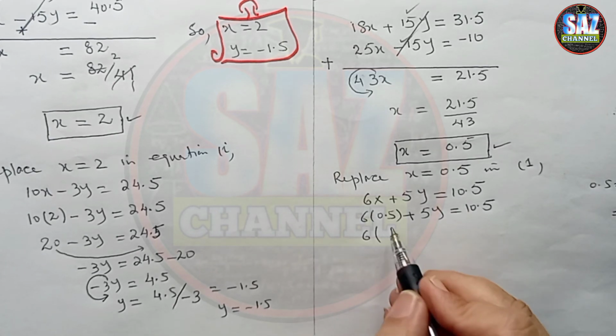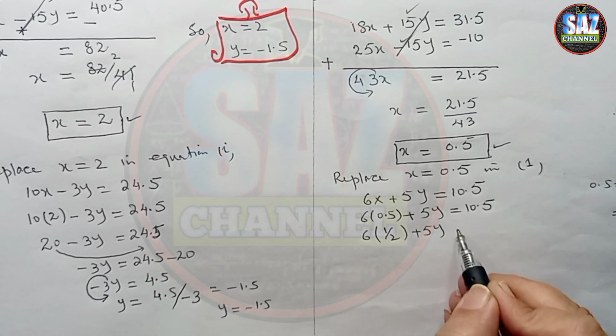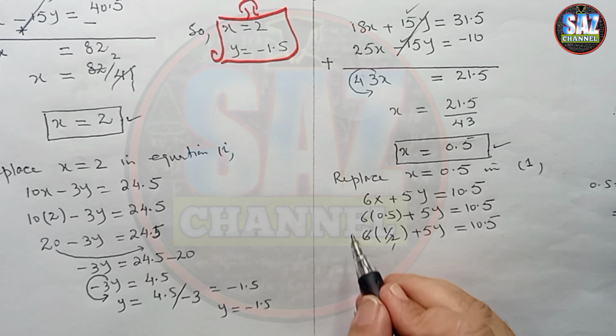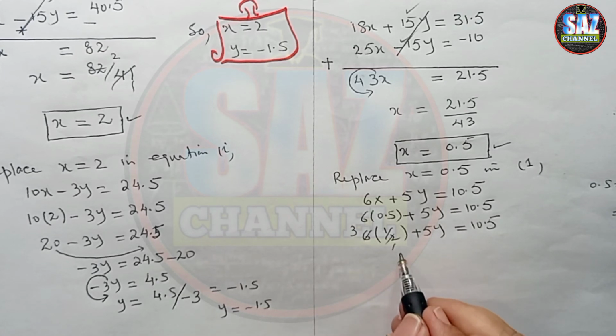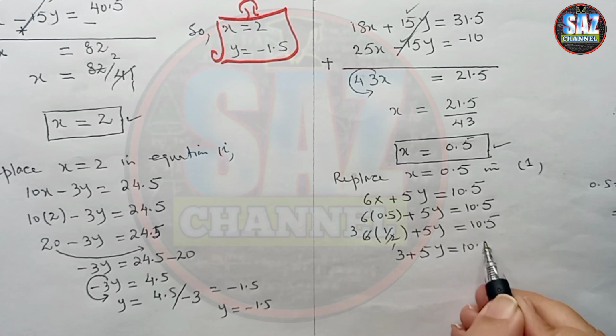If you find it difficult, you can replace 0.5 by 1 by 2. 6 times 1 by 2 is 3. So 3 plus 5y equals 10.5.